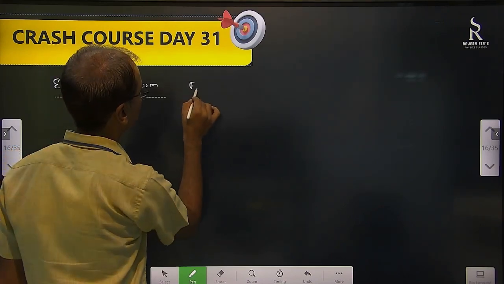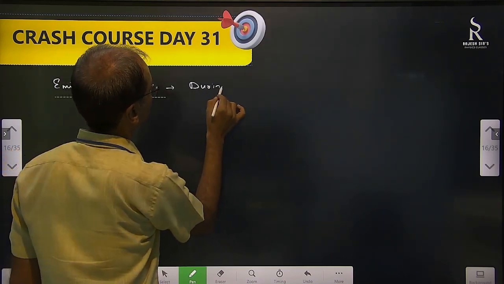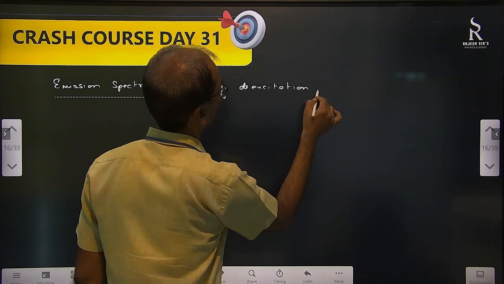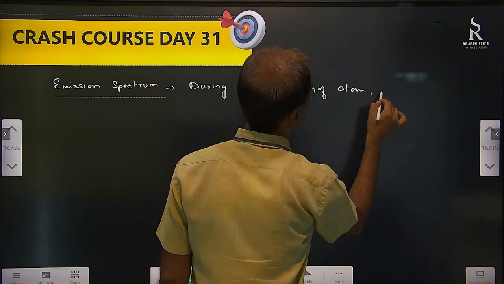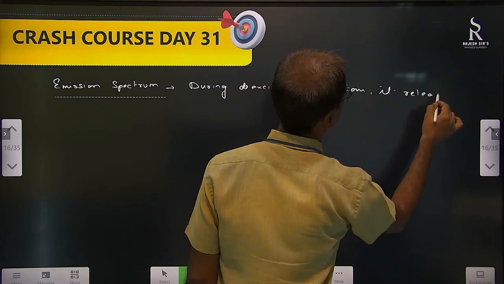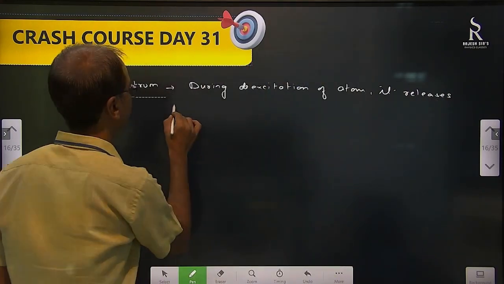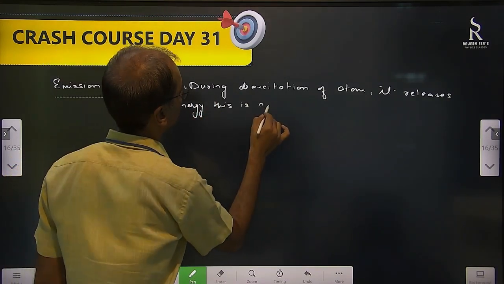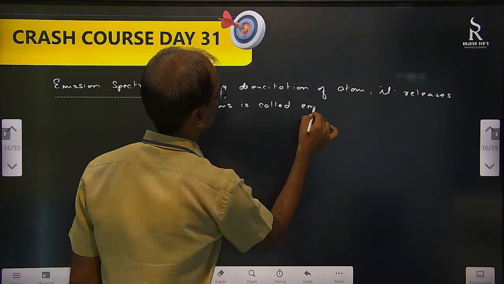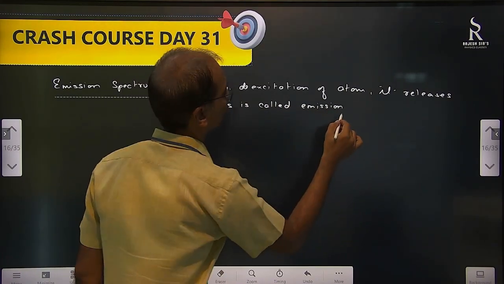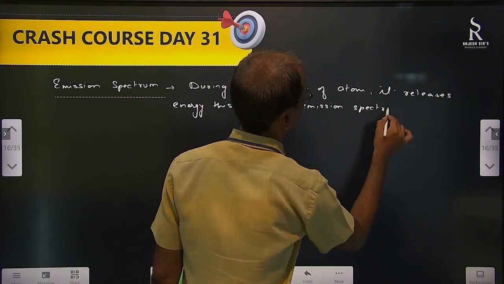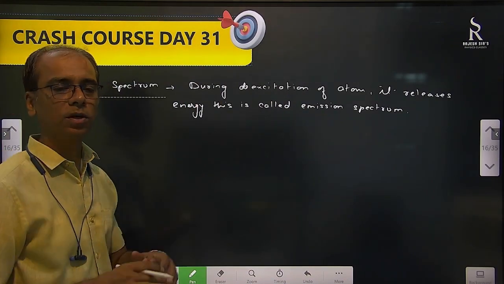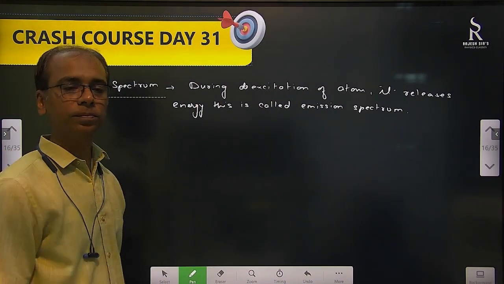During de-excitation of the atom, it releases a photon, releases energy. This is called the emission spectrum. Is the emission spectrum also characteristic? Answer is yes. There are no two atoms which are going to radiate the same kind of energy.